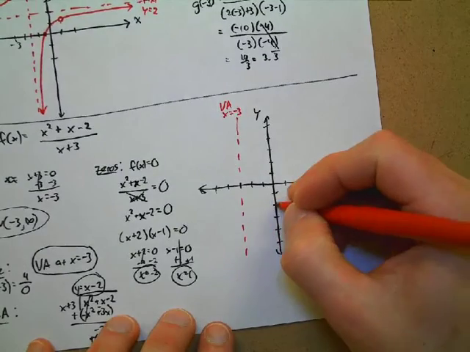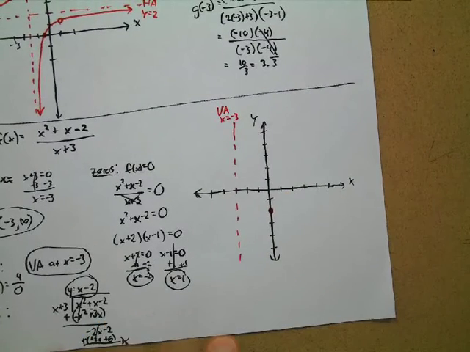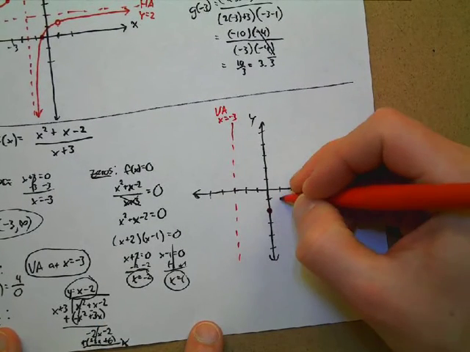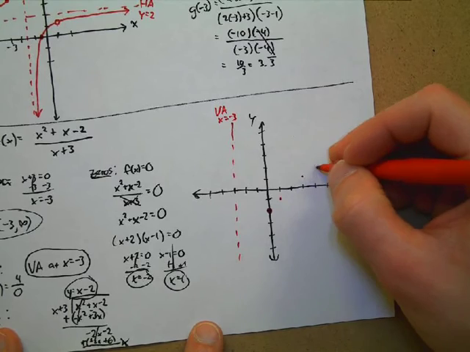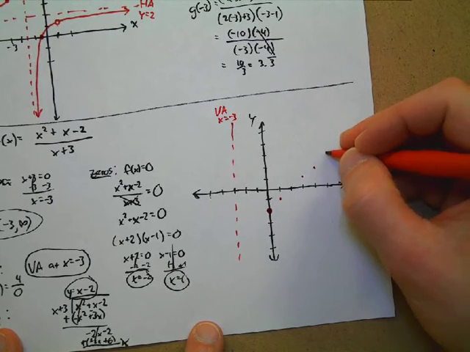Okay, so we go over to here. Negative 2 is the y-intercept, so put a point at negative 2. The slope is 1, so up 1, right 1, put a point, and repeat. Down 1, left 1 as well.